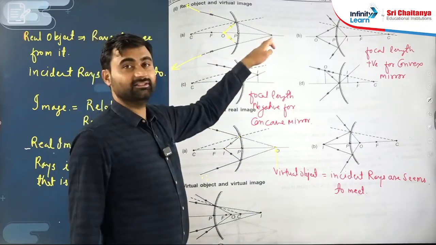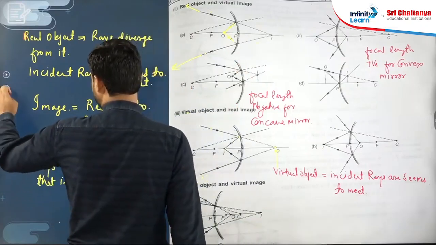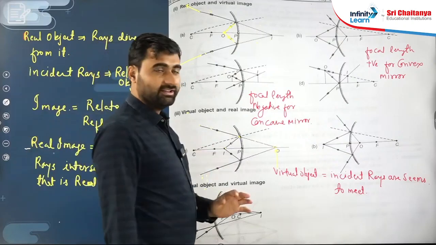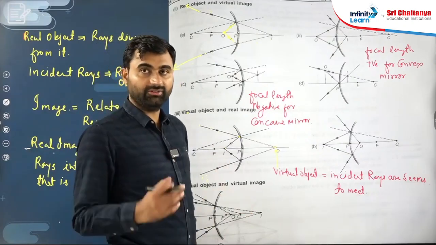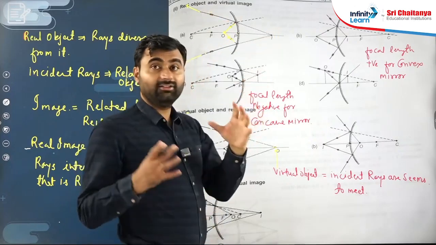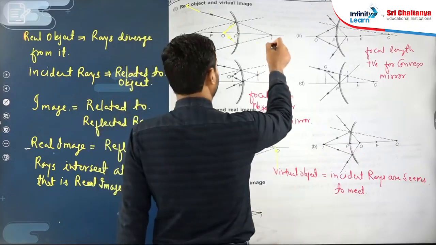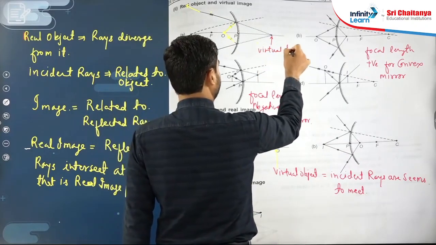So here this is a virtual image. Virtual image means reflected rays really do not intersect. Second point, if we extend them, they seem to meet at a point, and that is the virtual image.